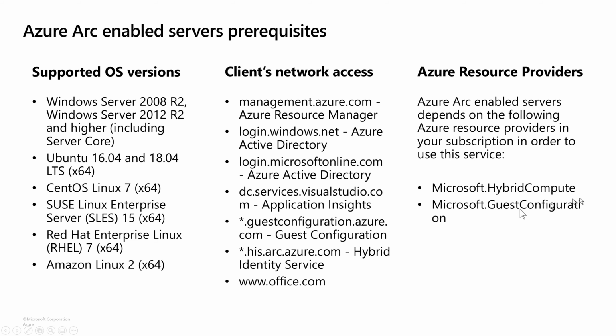It should be hybrid compute. It should be REST configuration. If you are doing it by the script, before that you have to go to the subscription, find the resource providers, and register them manually by script or by portal, whatever. So these are the prerequisites. This is why we need it and how it's possible.